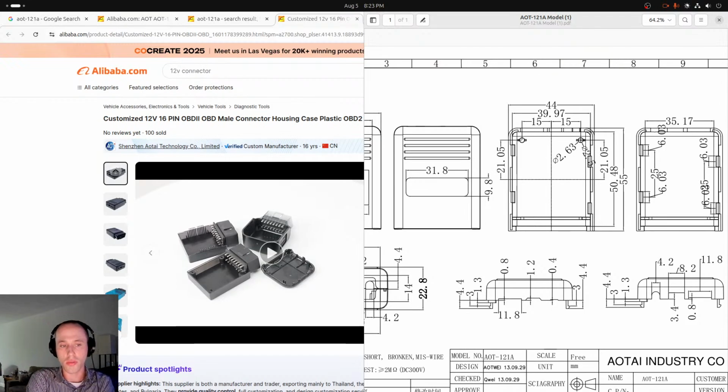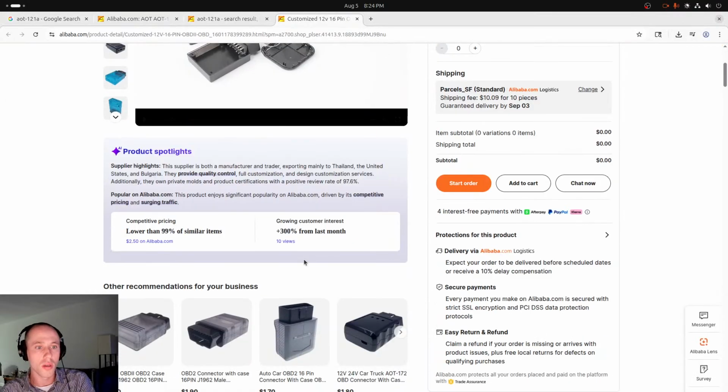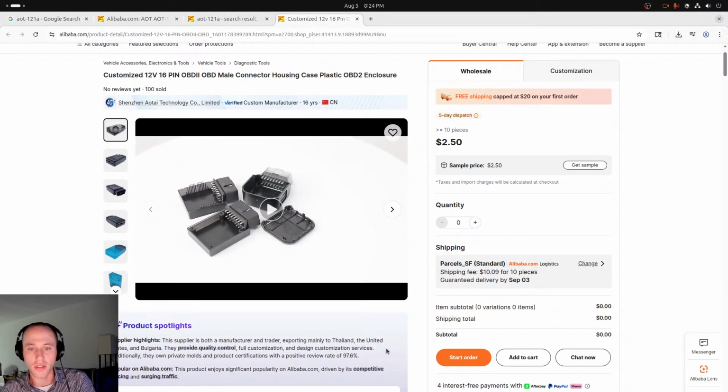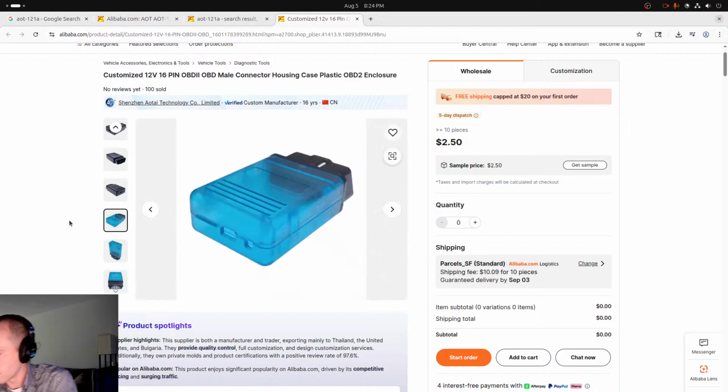We might be able to just choose which one we want to use. Yeah, I don't know if this is just the housing, right? Like the plastic housing as opposed to plastic housing plus. All right.